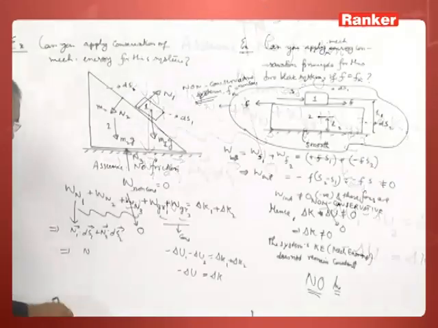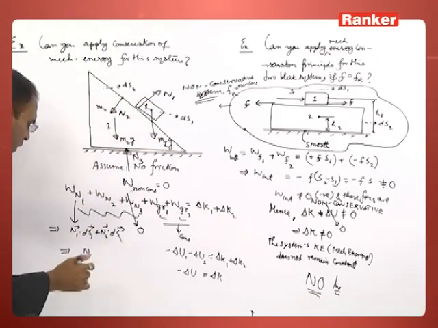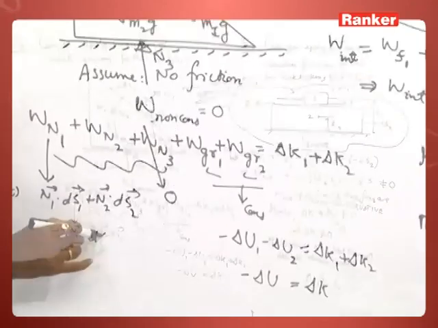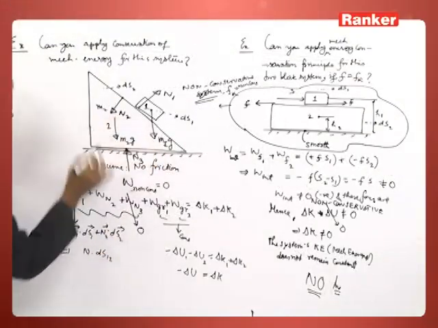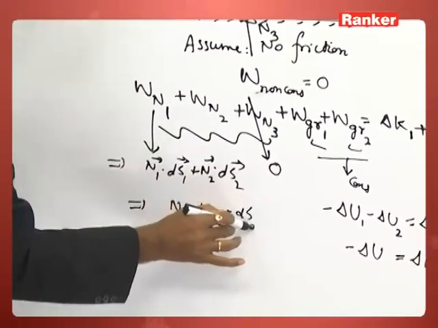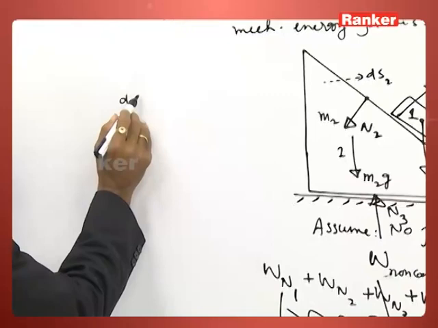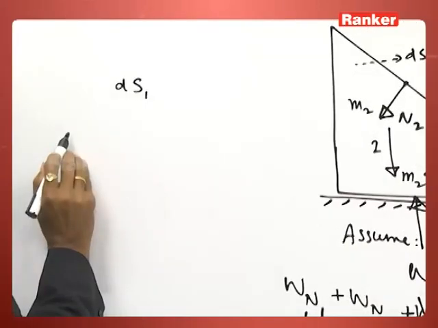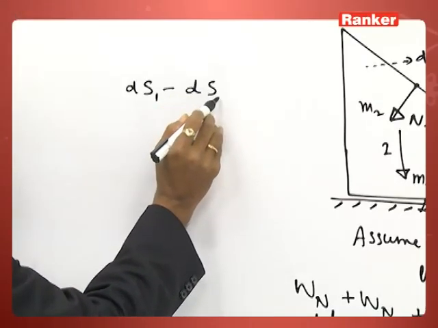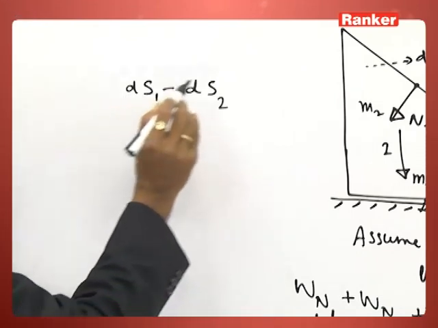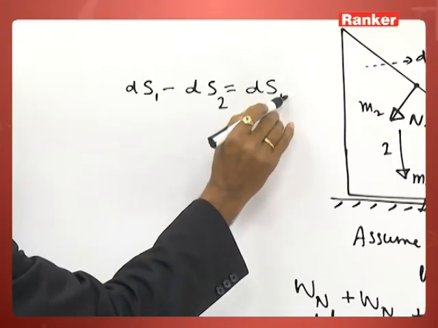Next step, we can write displacement of the first block with respect to ground equal to displacement of the first block with respect to the second, the wedge, plus displacement of the wedge, because displacement of block 1 minus displacement of the wedge is equal to displacement of the block with respect to the wedge.